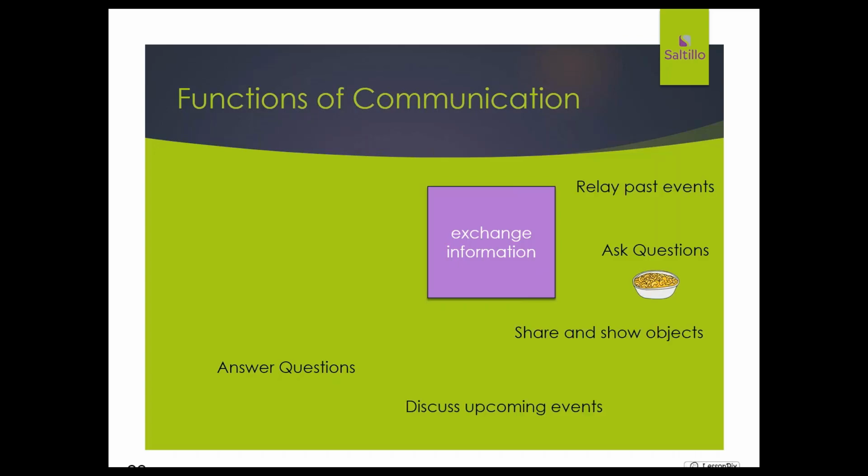Some other functions of communication under exchange information would be relaying past events, sharing and showing objects, like a show and tell, discussing upcoming events. One of my favorite stories about relaying past events, which I think it's so important to always model and talk about: I had a student who was trialing a device, and he brought the device from his dad's house to mom's house.